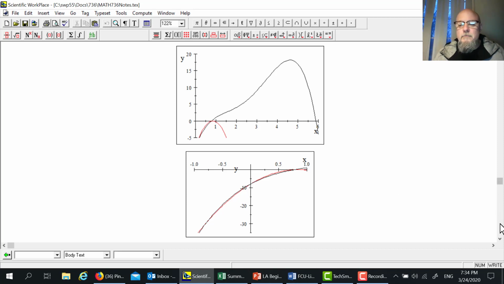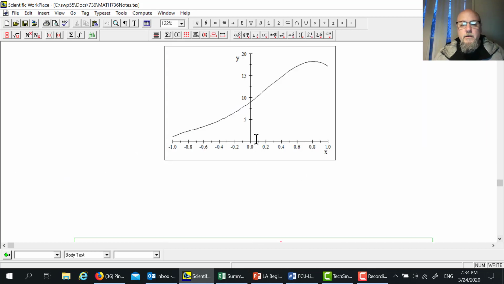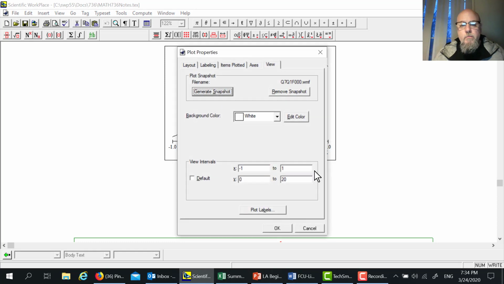Let's look a little bit. I wanted it to look like this picture, but you see this picture all the way from 0 to 6. So let me open the viewing window a little bit here. Let's just go up to 2 and back to -2.